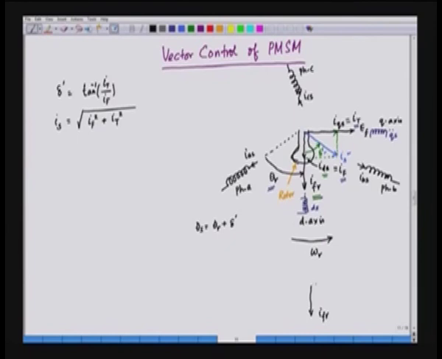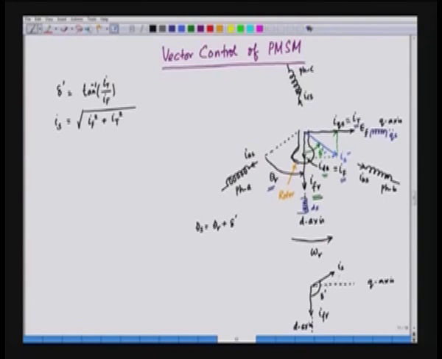So what we do here, this is our d axis, this is the q axis. We inject Is at such a phase angle, this phase angle is delta prime, that IDS is negative. IDS is in phase opposition with IFR.